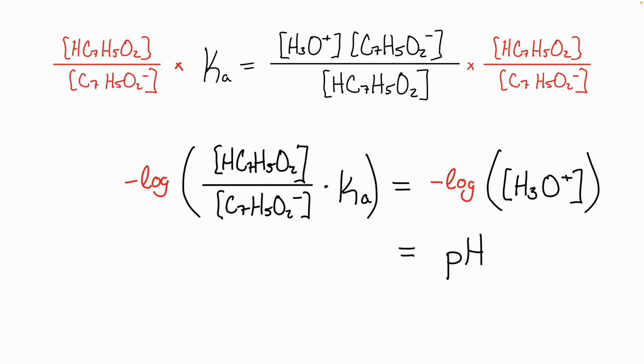All right, and then we're going to use this same, what would it be called? An identity that we used before, where in the magical world of logarithms, multiplication becomes addition.